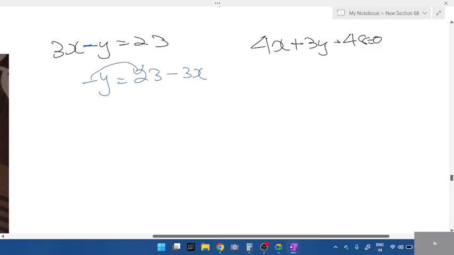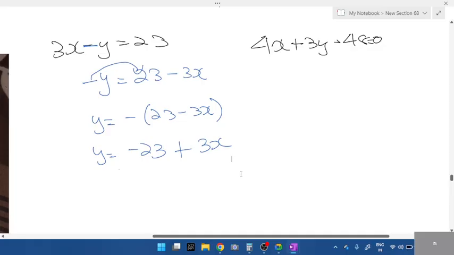If minus goes to the other side, y is equal to minus into bracket 23 minus 3x. Here, when you open the bracket, what do you get? Positive 23 becomes negative 23. Then minus 3x becomes, minus into minus is plus 3x. Remember this. If you want to substitute y, this is how you do it.